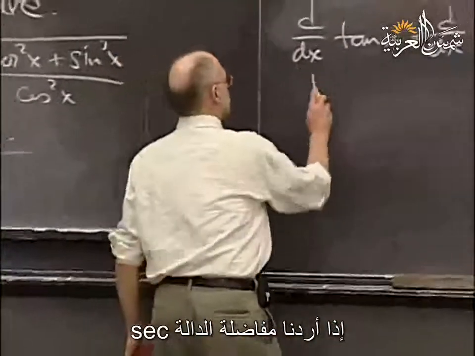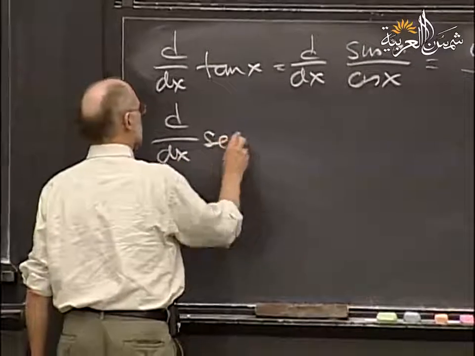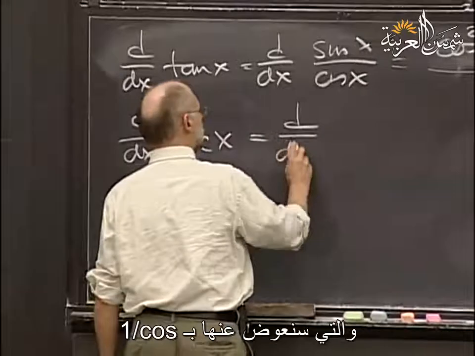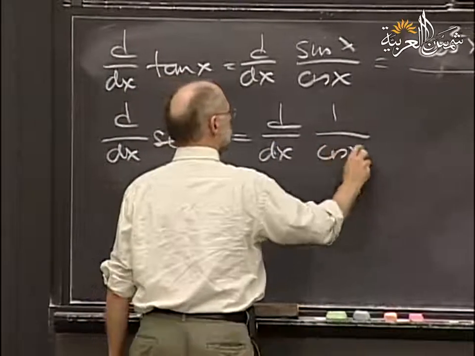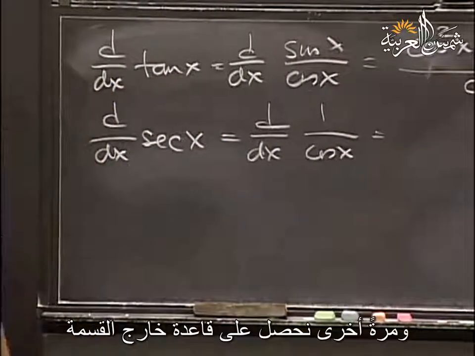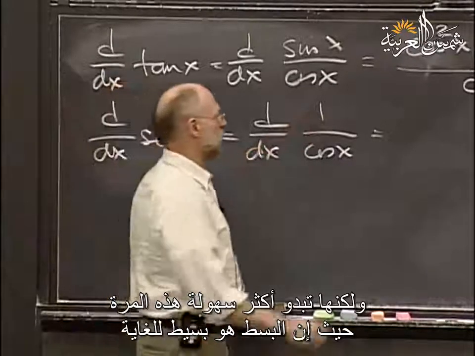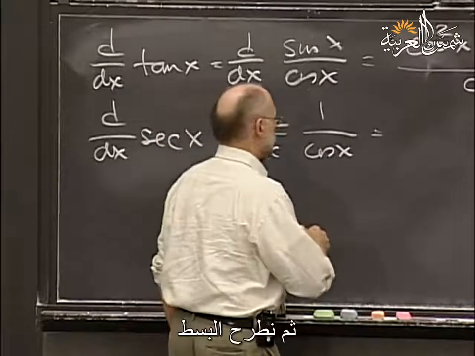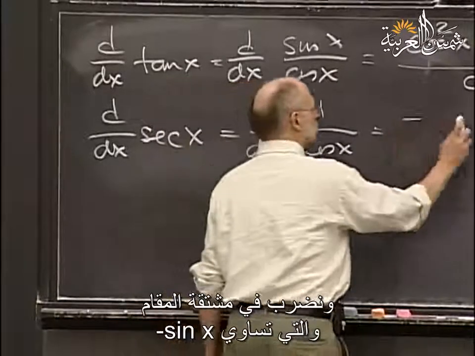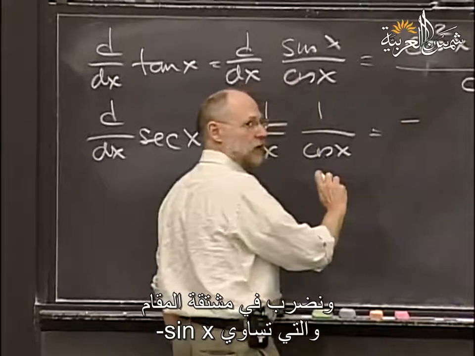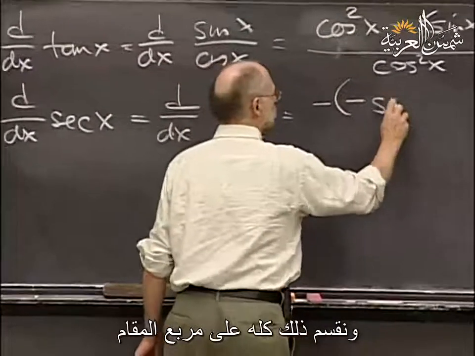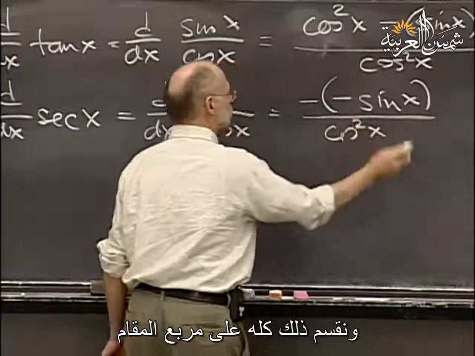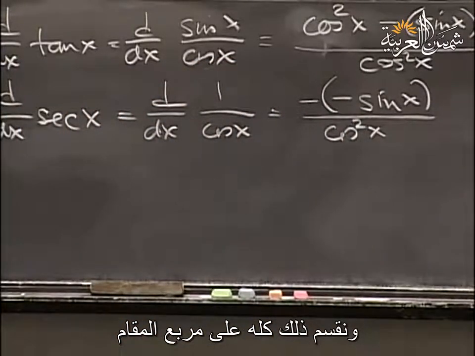So if I want to differentiate the secant, that's d/dx of 1 over the cosine. And again, I have a quotient. This one's a little easier because the numerator is so simple. So I take the derivative of the numerator, which is 0, and then I take minus the numerator times the derivative of the denominator, which is minus the sine of x, and put all that over the square of the same denominator.